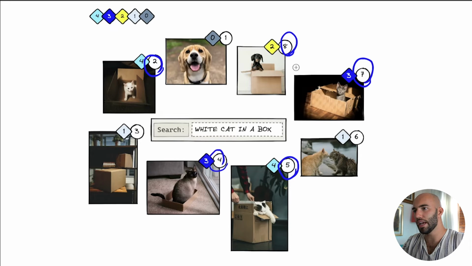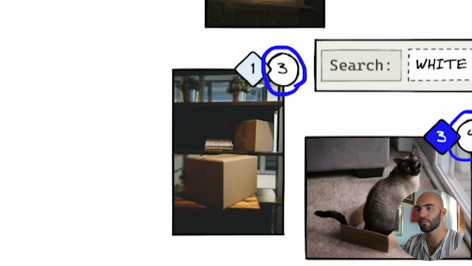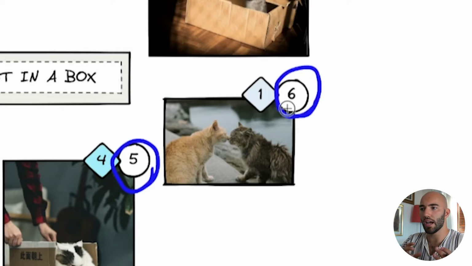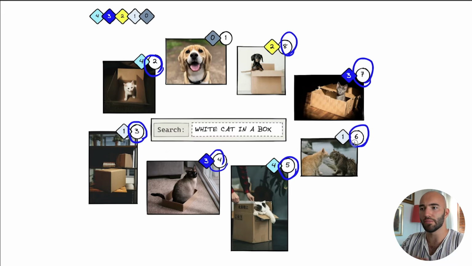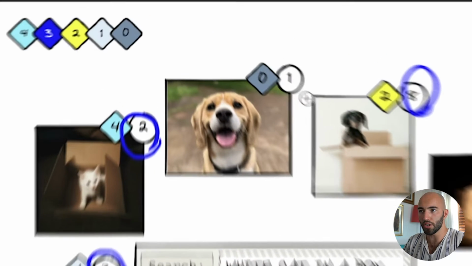And then we get further away from that. So we go down to rank 1. So we have item 3 and item 6. Item 3 is just a box. Item 6, it's 2 cats. So it's kind of half of what we're looking for. So in this case, it's less relevant. But neither of those are as irrelevant as a dog.